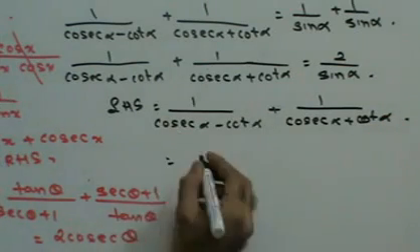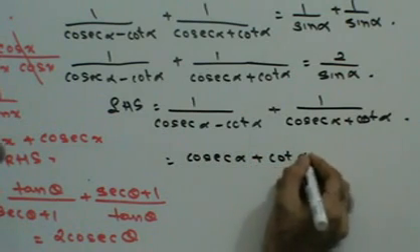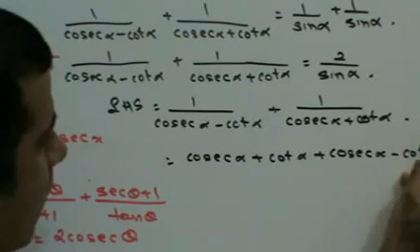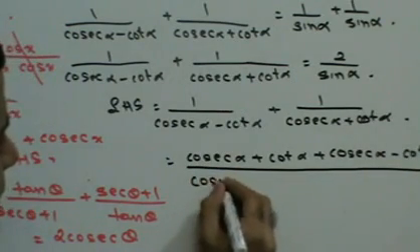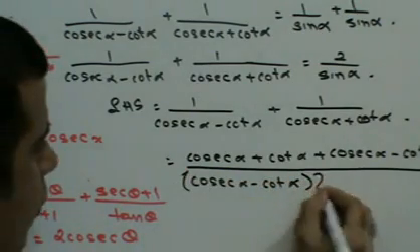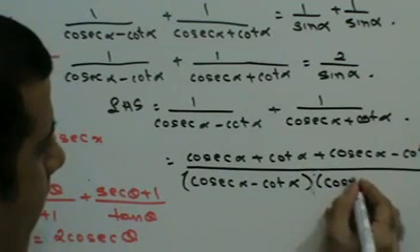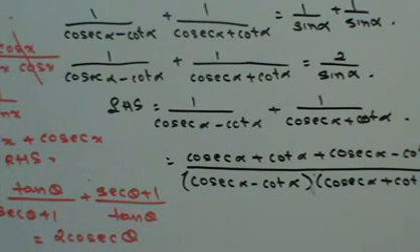Take LCM. So this will become cosec alpha plus cot alpha plus cosec alpha minus cot alpha upon cosec alpha minus cot alpha into cosec alpha plus cot alpha, right?